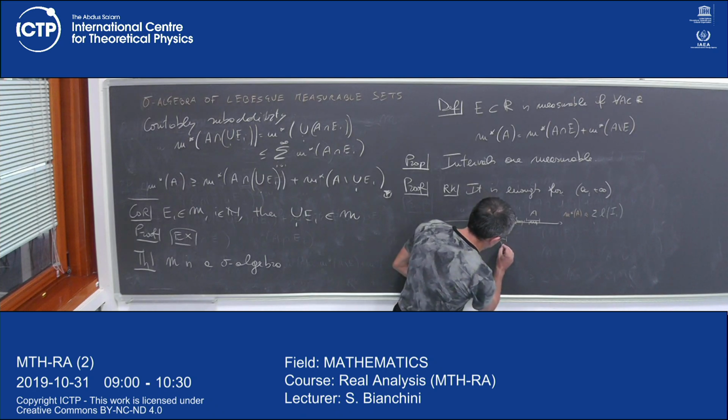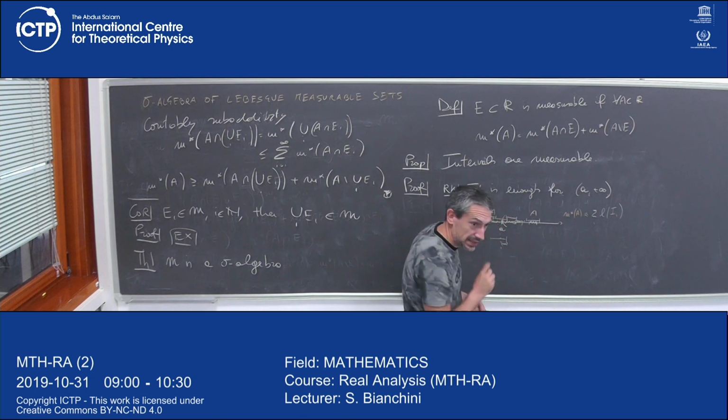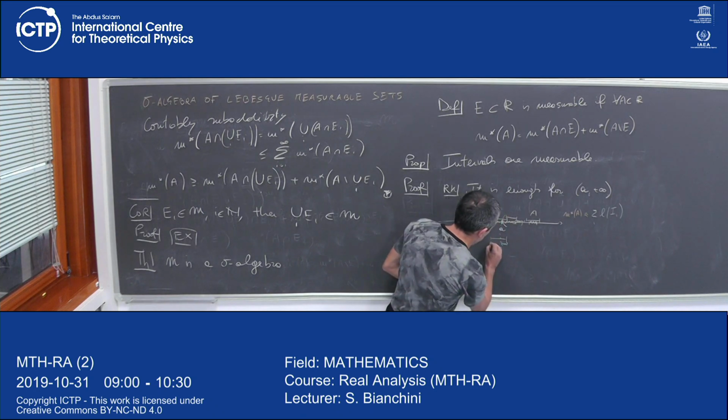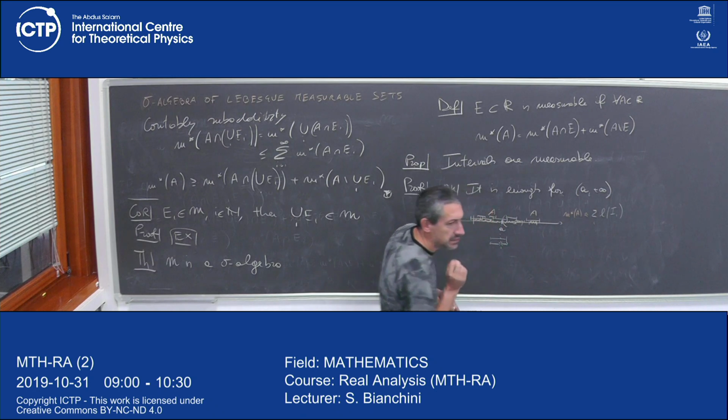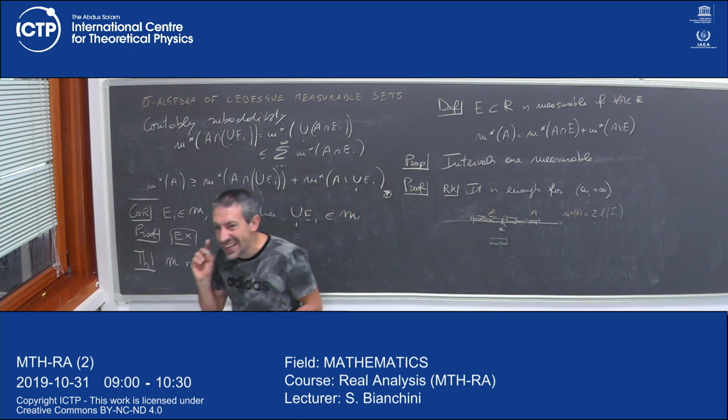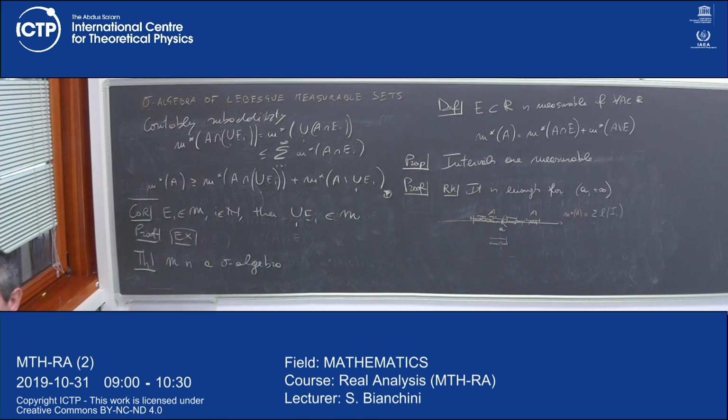I take this interval here. They should be open intervals. I can take this open interval here, and then what about the value small a? What do I do about the value? It doesn't change anything. Exactly, it has measure 0, I don't care.